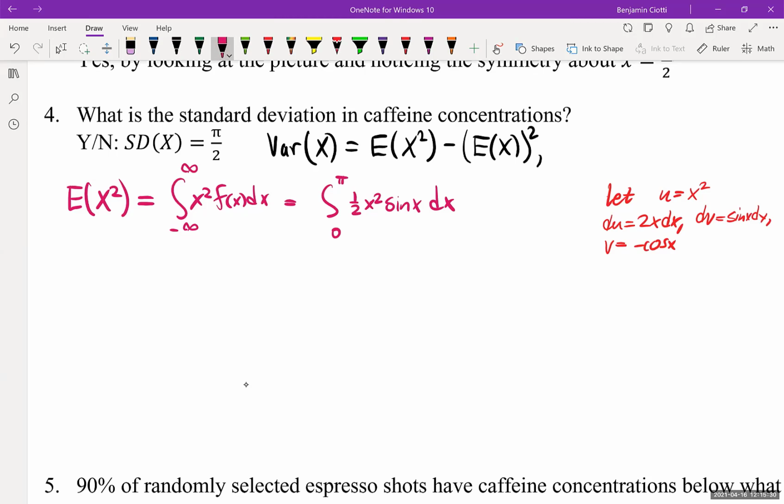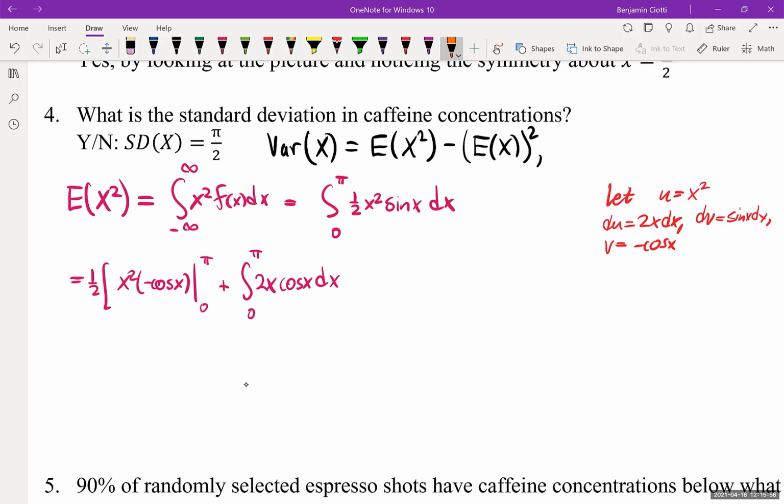And with those substitutions, we will get, let's see, x squared times negative cos x minus negative is plus 2x cos x dx from 0 to pi. And now you see we have to do a second integration by parts.